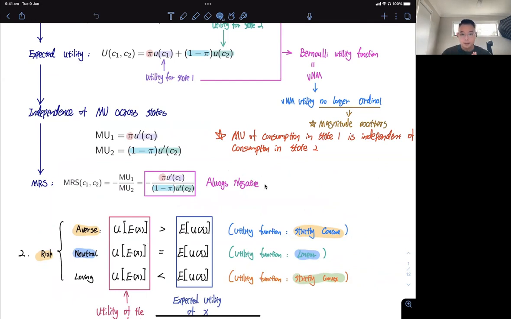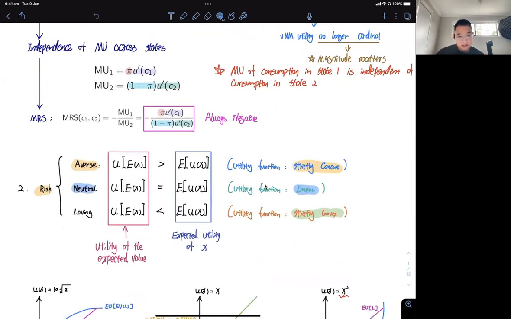Next thing we need to talk about is, if we understand the utility function, then we will understand there are three types of persons who have different perspectives on their preferences on risk. Number one, we have the risk averse person. Their utility of expected outcome will be greater than the expectation of the utility. On the left-hand side, U(EX), that's the utility of expected value.